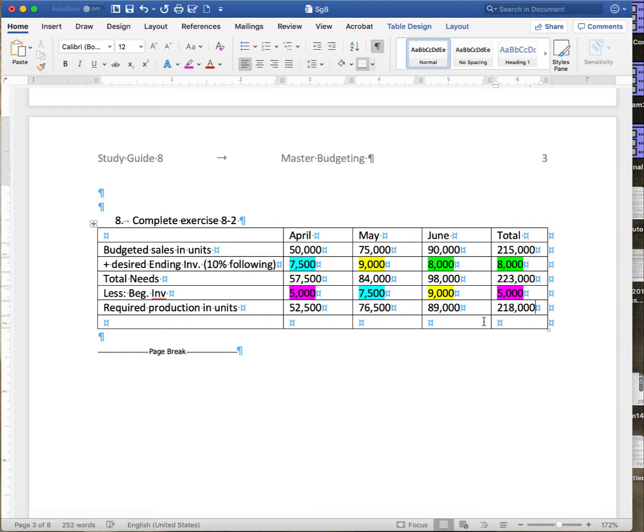The beginning inventory, in the total column, has to be the same number I started with. The desired ending inventory, in the total column, has to be the final month's desired ending inventory.